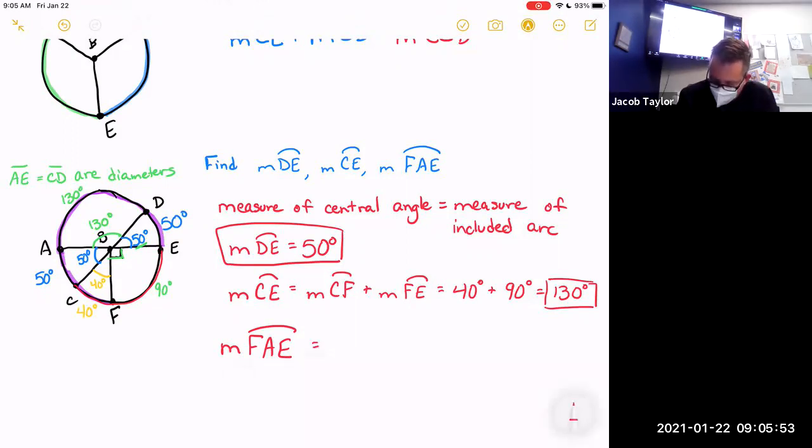You could take the measure of the entire circle, which is 360, minus the measure of arc FE, which is 360 minus 90, which is 270.